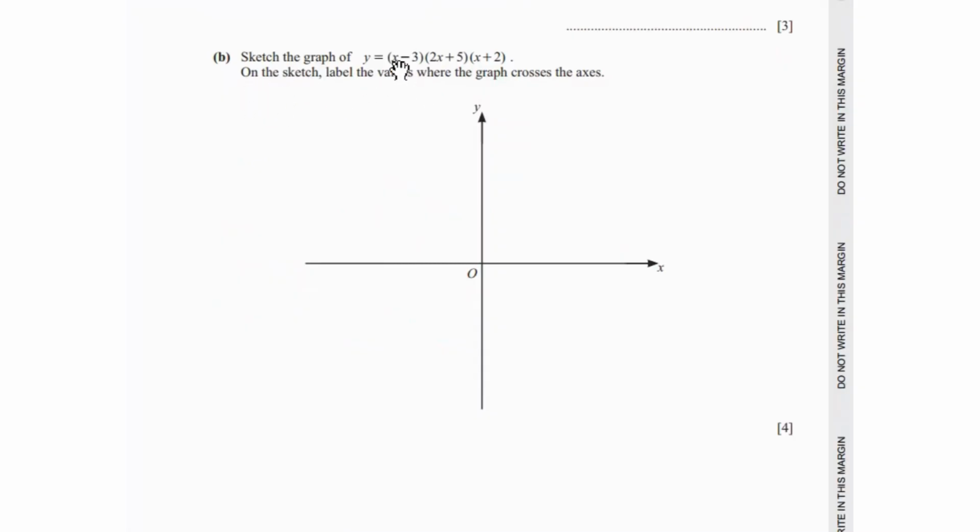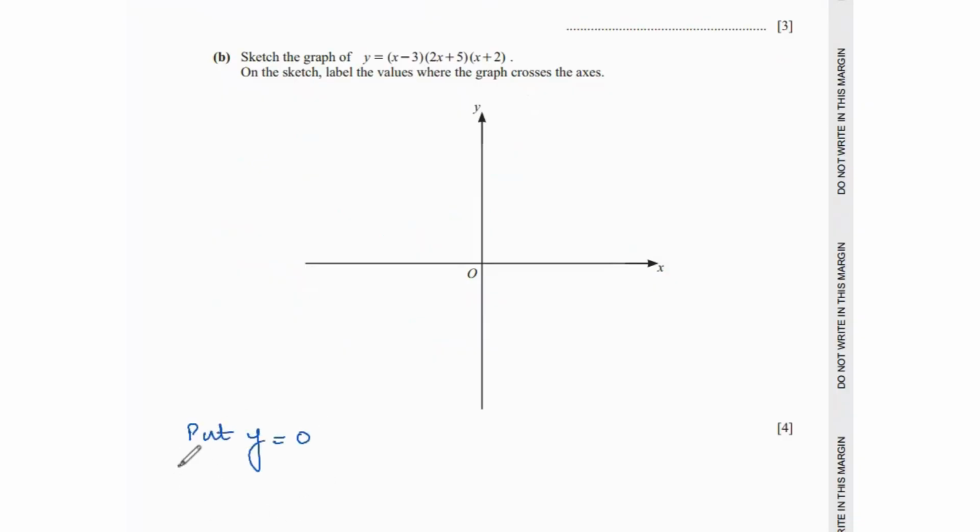Then it says sketch the graph of y equals x minus 3 times 2x plus 5 times x plus 2. On the sketch, label the values where the graph crosses the axis. So we need our x-intercepts and the y-intercepts. For the x-intercept, you put y equals 0.